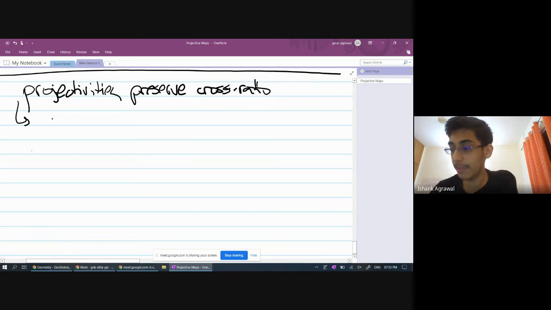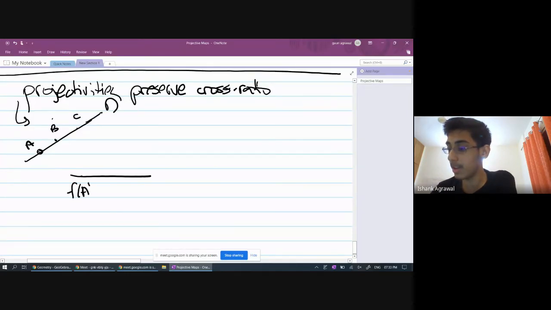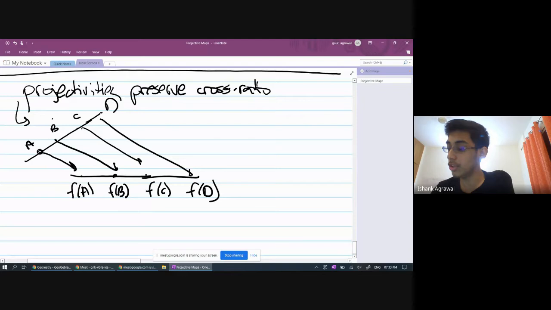Is it true that if you map a line to another line, such that whenever you take any 4 points A, B, C, D, and their images FA, FB, FC, FD, then there exists a projectivity, if the cross ratio is always the same?